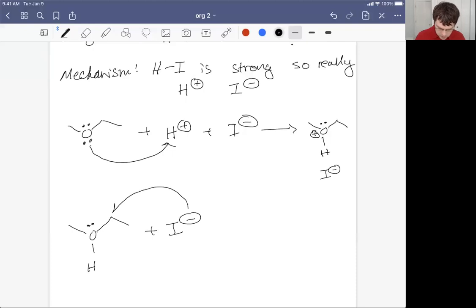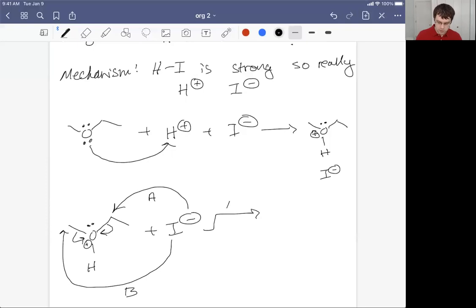We could add to this side, I'm going to call that path A, or we could add to this side, and that's going to be path B. If we add through path A, we'll push the electrons onto that positively charged oxygen. Adding through path B would push the electrons over here onto the oxygen.